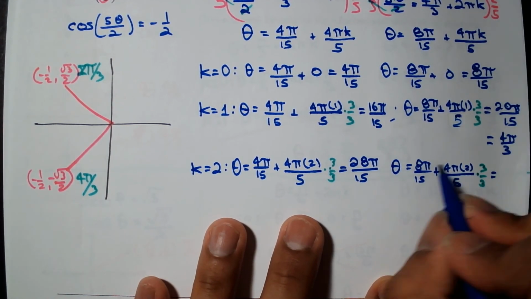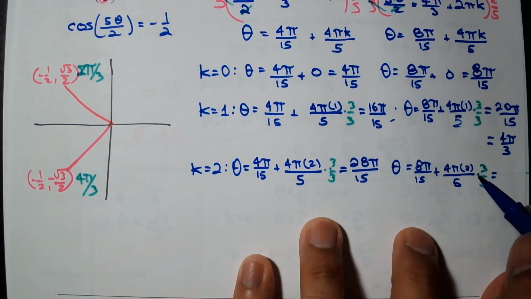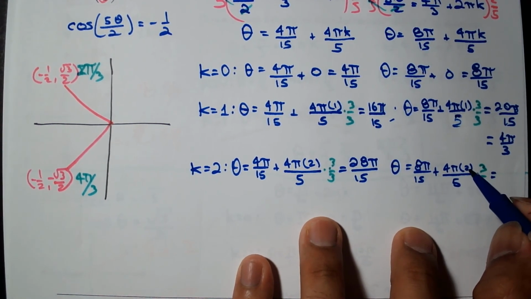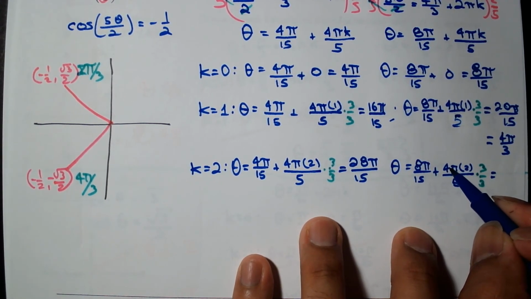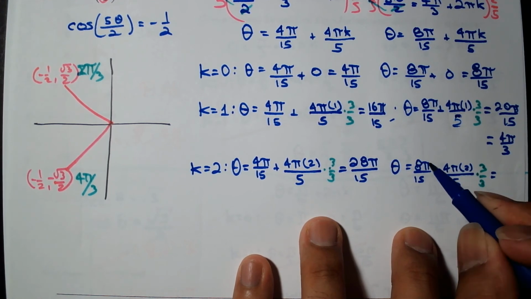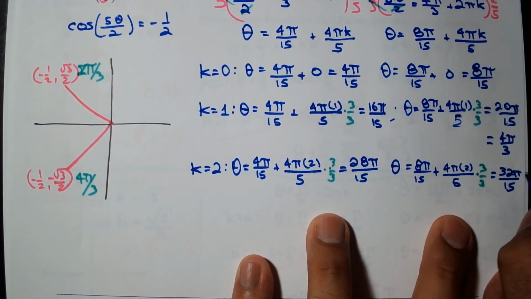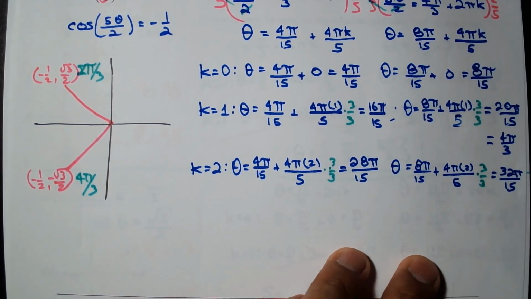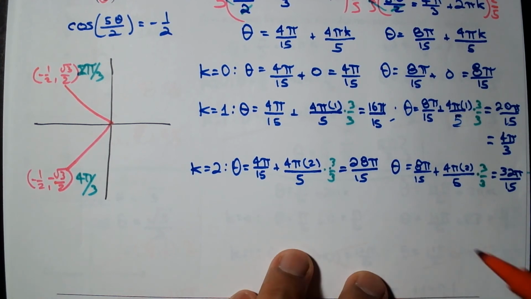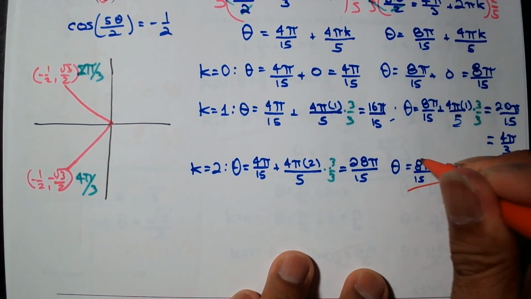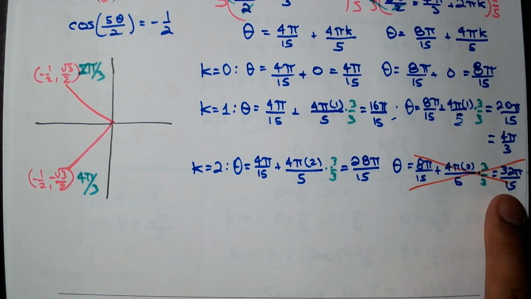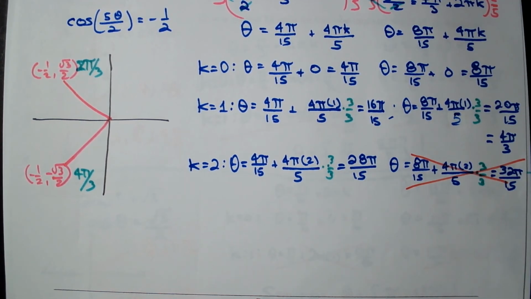Final answer for this theta will be, okay, 3 times 2, which is 6. 6 times 4 is 24. 24 plus 8, that's 32. 32 pi over 15. And clearly, 32 over 15, it's bigger than 2. So this one, for K equals 2, we can actually disregard that solution for the second general formula.